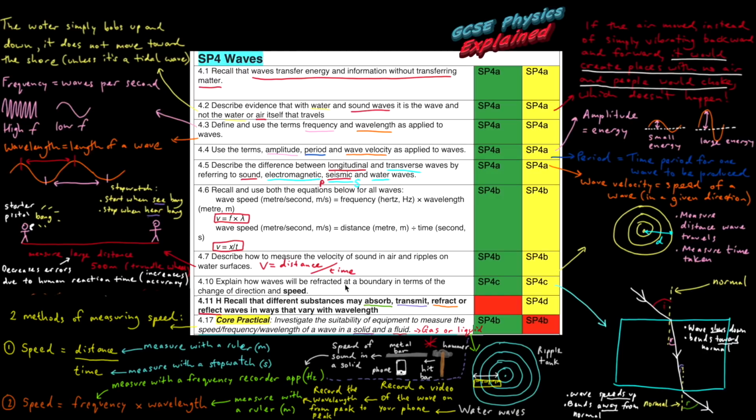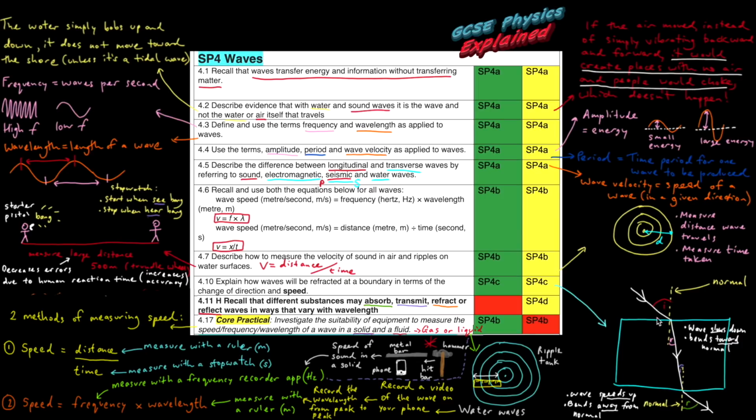Explain how waves will be refracted at a boundary in terms of the change of direction and speed. So if I have a look down here, this is light wave going into glass, which is more dense. So the wave slows down, and as it does, it bends toward the normal. And then when the light comes out of the glass back into air, which is less dense and easier to travel through, the wave speeds up and it's going to bend away from the normal.